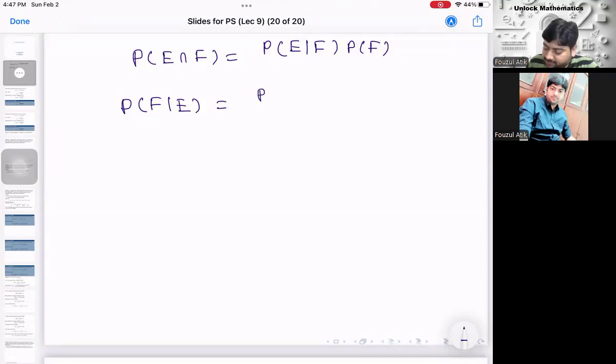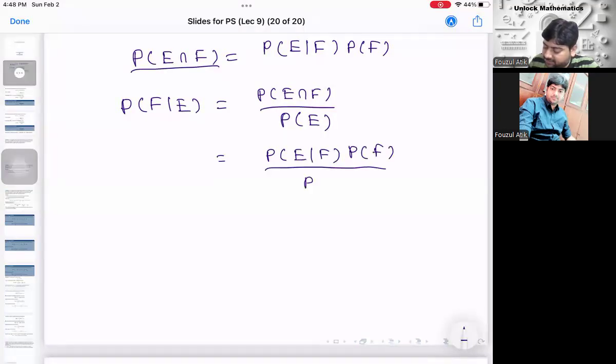It is P of E intersection F divided by P of E. Then you apply the above formula, substitute this value here, and we can get P of E given F into P of F divided by P of E. Right? Very easy to get that formula. This formula we call the Bayes theorem.